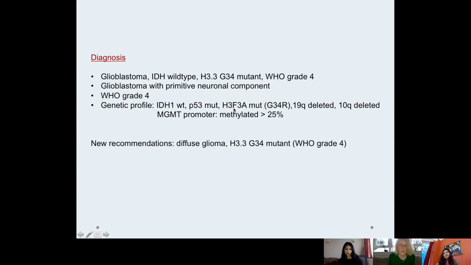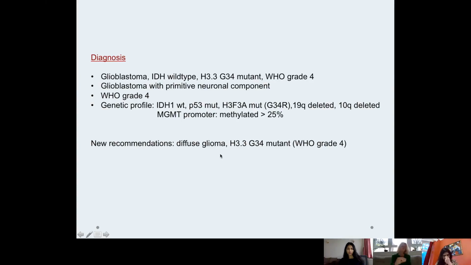So this mutation is characteristic of a new entity, which is a diffuse glioma histone 3 G34 mutant, which for now is still considered as a subtype of glioblastoma, but in the new classification will be a separate tumor type. It is both clinically and also prognostically different from a glioblastoma, and this is why the separation.